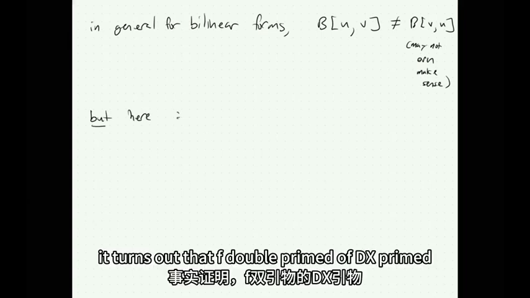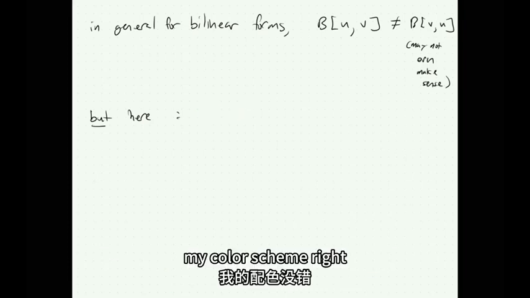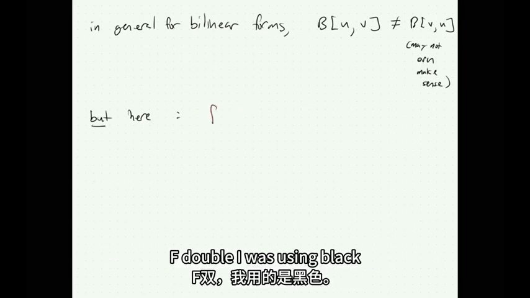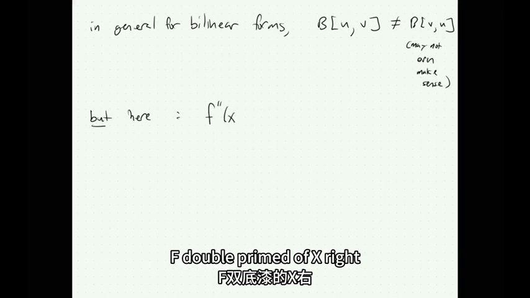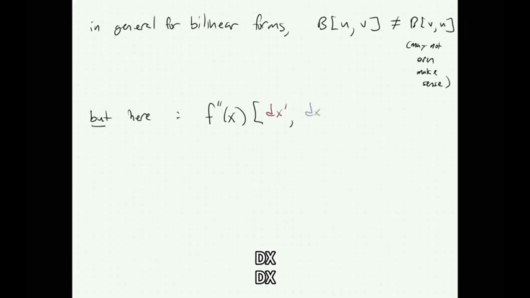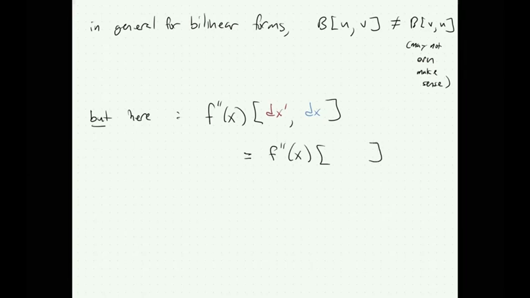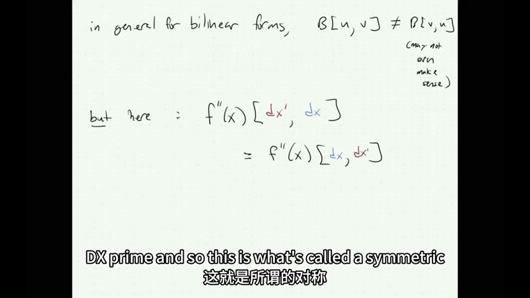It turns out that f double primed of x, the point at which you're evaluating the second derivative, of dx prime, comma dx, always equals f double primed of x, dx, comma dx prime. And so this is what's called symmetric.